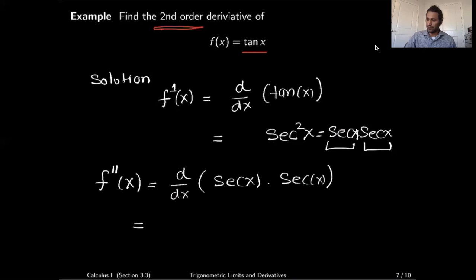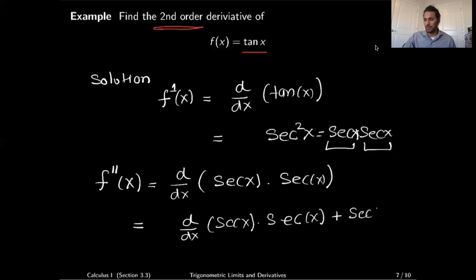So what is the product rule? The derivative of the first function, which is secant x. The second function is as it is. I will just write the secant x, and then I put the plus sign. I will have the first function as it is and the derivative, dy by dx of secant x.